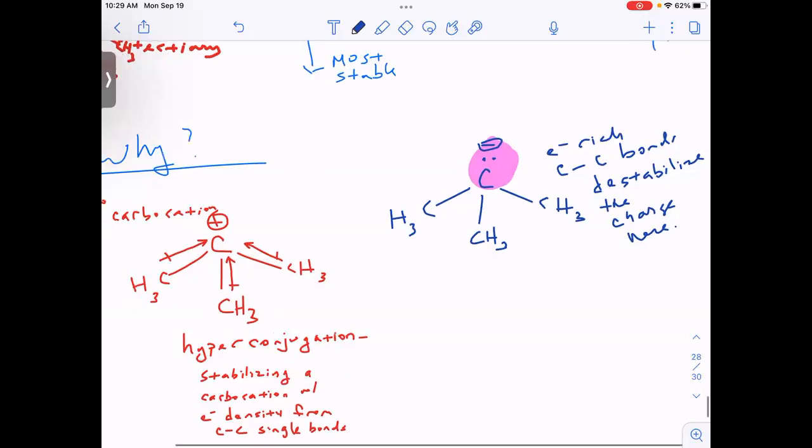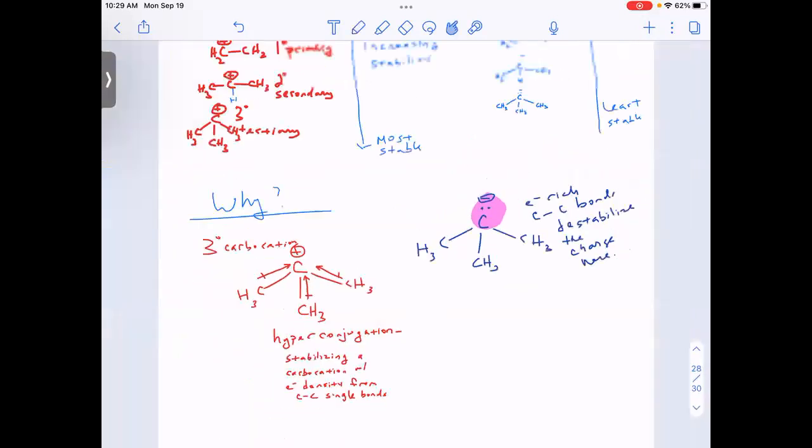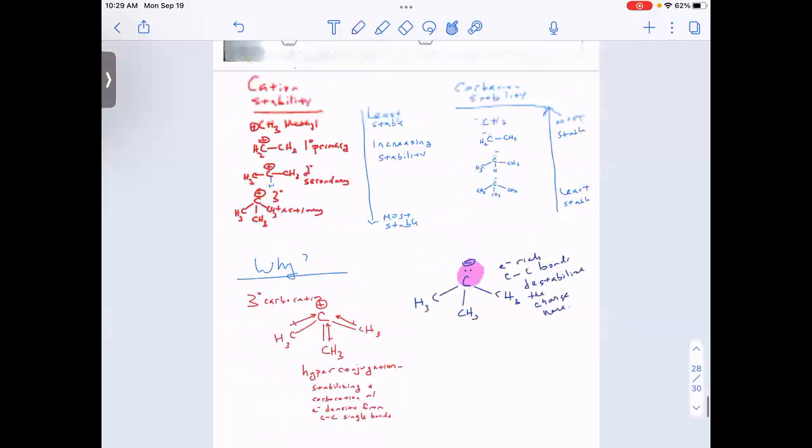All right. Are we okay with that? Any questions about that? I have a question. Come on. So you're basically saying that tertiary is destabilizing, but it's also most stable? It depends, but tertiary what though? So that's the caveat. If it's a tertiary cation, then it's the most stable of all the cations.